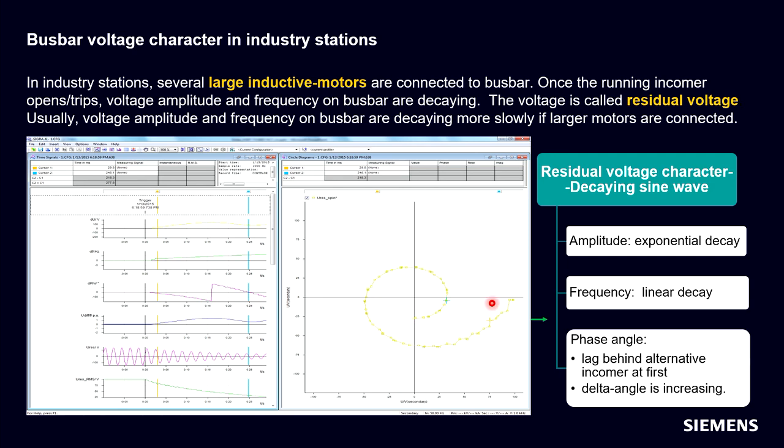You can see the voltage on the motor bus is changing after we lose the main infeed. That means the voltage amplitude is decreasing, and also the frequency is decreasing, in case we lose the infeed of the motor bus. Therefore, we have to consider these characteristics for a busbar transfer system.